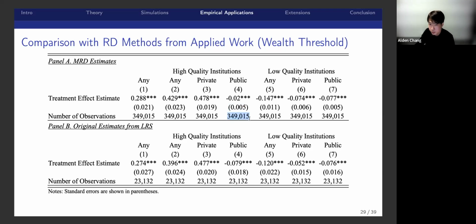You can see that the MRD estimator uses pretty much the entire sample, almost 350,000 observations, whereas the original paper, when looking at the wealth threshold, only uses 23,000. This is because they are throwing away individuals whose test scores make them ineligible for financial aid. And in this setting, the test score threshold is very high, so they end up throwing away more than 90% of their data. And that's why the standard errors are much larger.